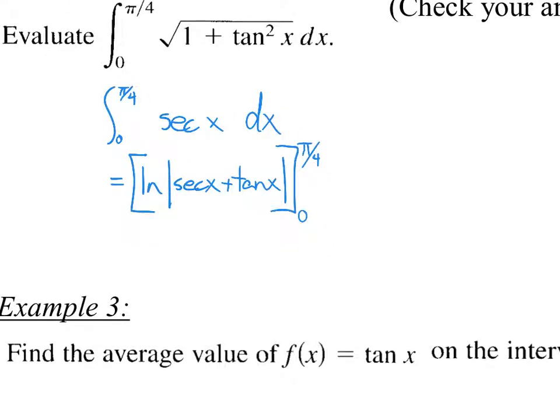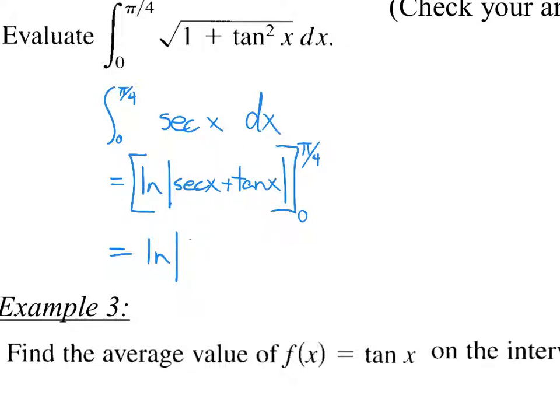So we've got to be careful a little bit here as we're plugging stuff in. So we have ln absolute value of, what's the secant of pi over 4? What's cosine of pi over 4? Radical 2 over 2.